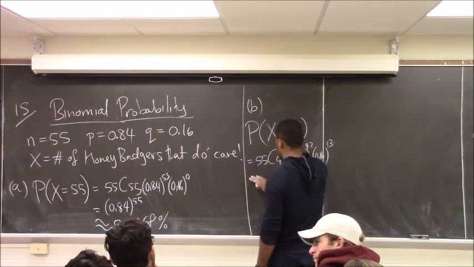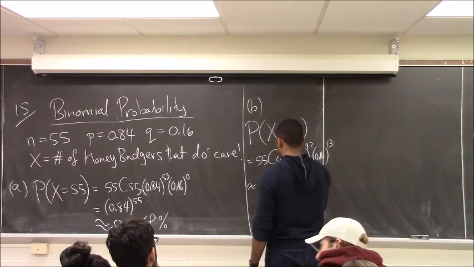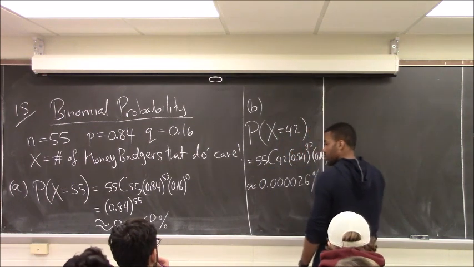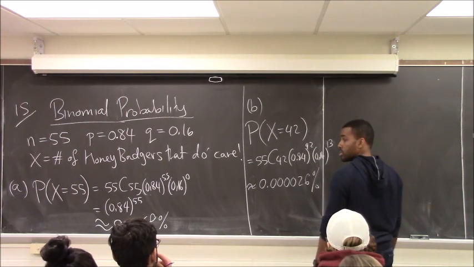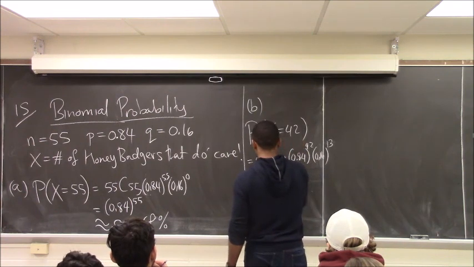What's that? 0.000026? No, that's the next one. 4.6. 1.315. Yeah. Okay.